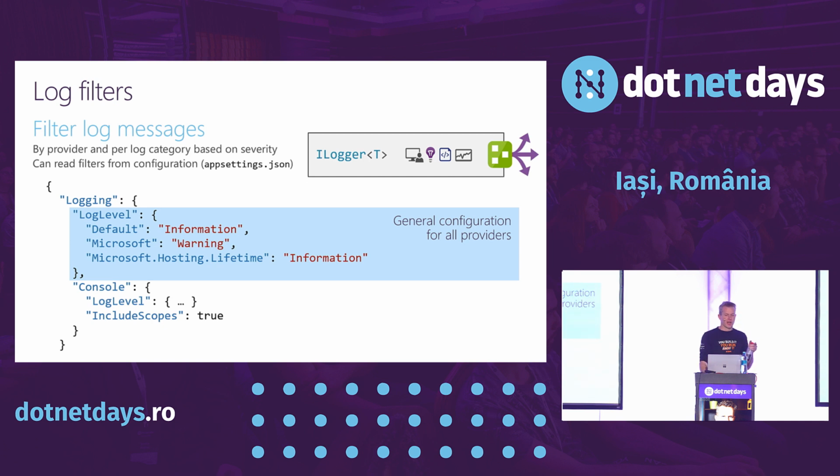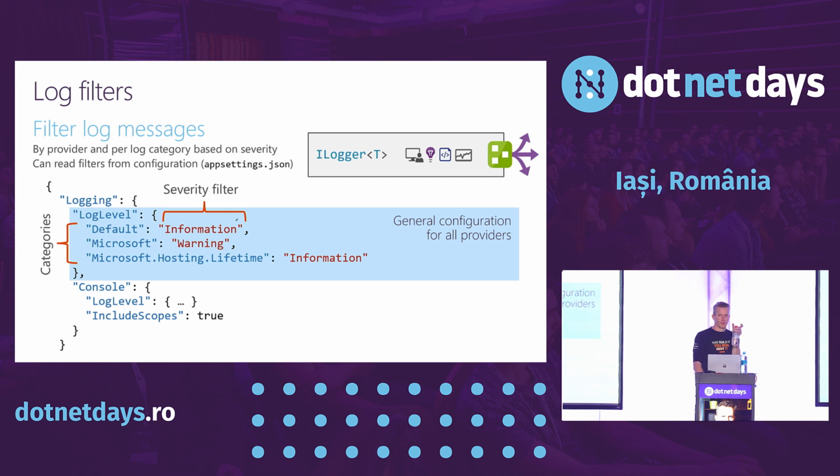So if you say LogLevel, and then you can say for each of the categories what the level is that you want to listen to. It's like the volume knob. If you turn it down, you don't hear as much. If you turn it up, you hear much more. You would turn it up if you're debugging and trying to troubleshoot. Then you want to have the lower severity levels because you want to hear more. The categories are listed there, and the severity levels are used as a means of filter.